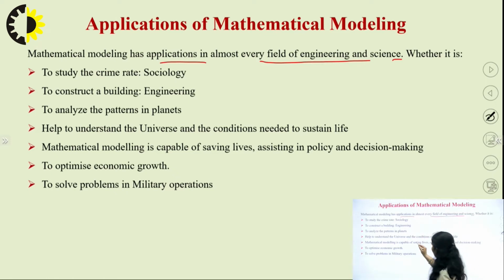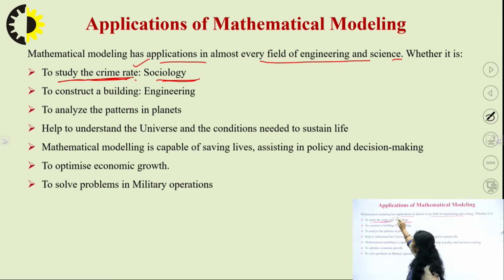For example, if we want to study the crime rate, and this objective is related with sociology, then we have to check the past data, analyze it, and conclude from the past data. So it will be a statistical and data driven modeling approach. So here we are using mathematical modeling.